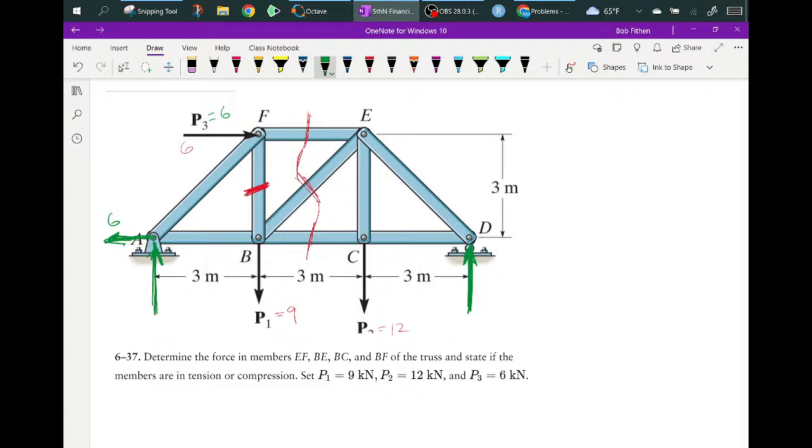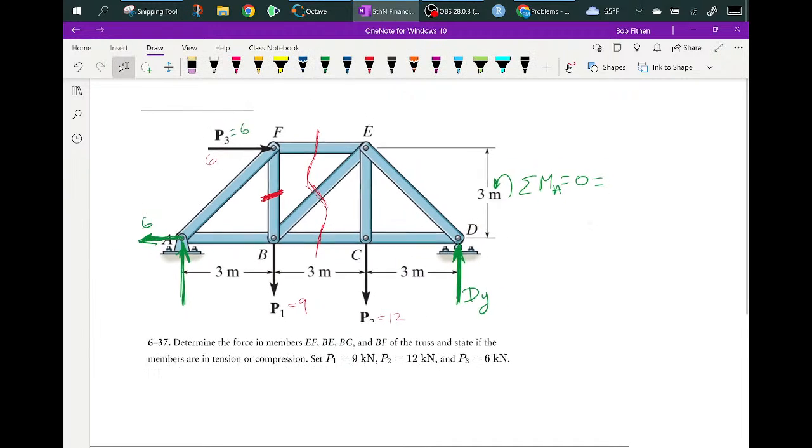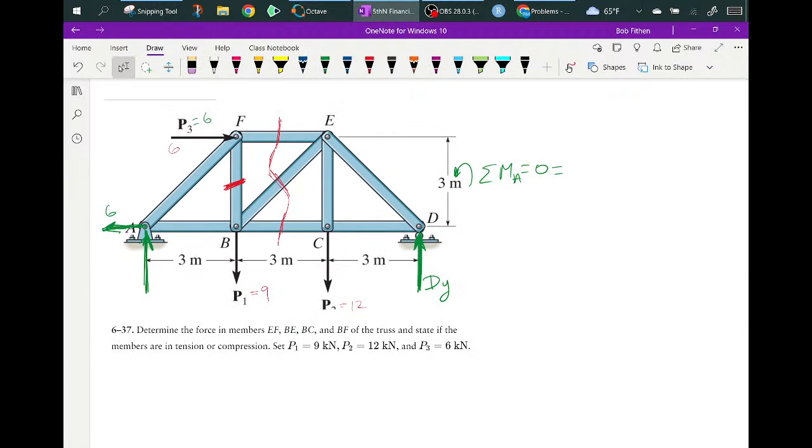So I don't know. I'll sum the moments about A equals 0. And what I'm going after is dy. And then what I'm going to do is slice it. After I get the dy, I'm going to slice it.